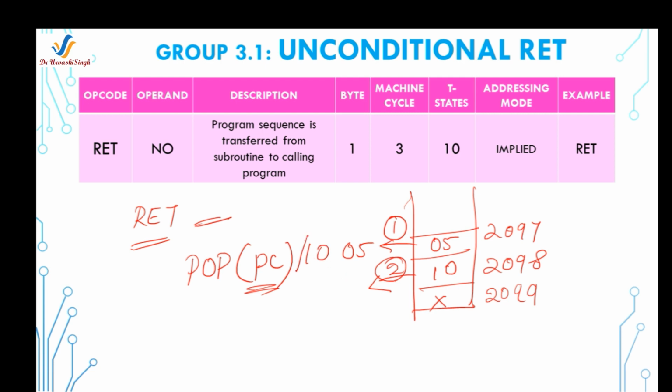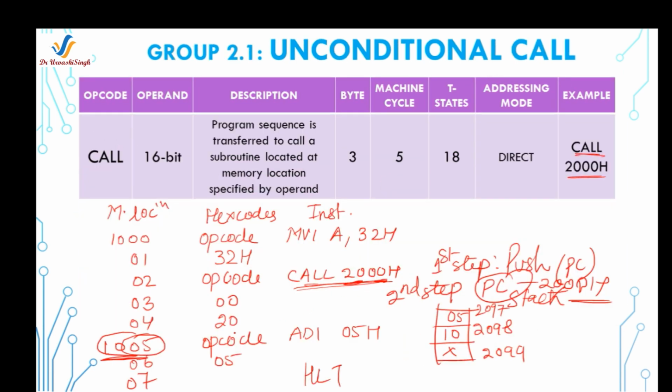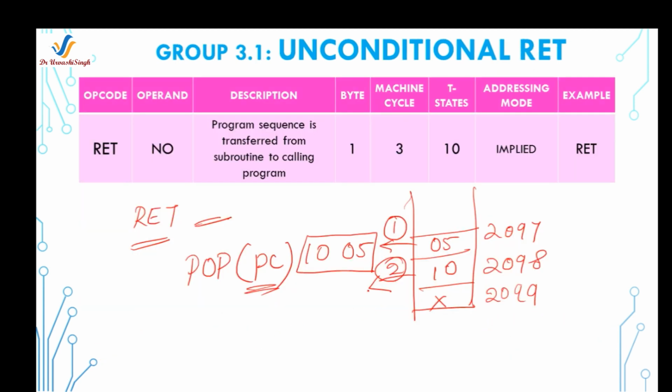So the complete program counter value is 1005, and you can see that this is our next memory location of the next instruction which is to be executed. So now I hope I made myself clear on how the returning operation is performed.